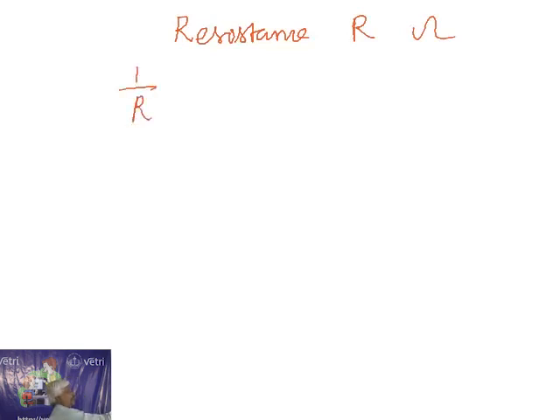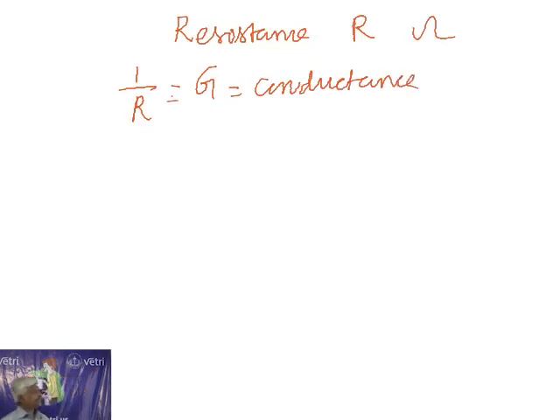Another thing: from the resistance, we know the symbol is R, and the unit is ohm, everyone knows. The reciprocal of resistance, 1 by R, is called G, conductance, C-O-N-D-U-C-T-A-N-C-E. What is conductance? Conductance is nothing but the reciprocal of resistance.